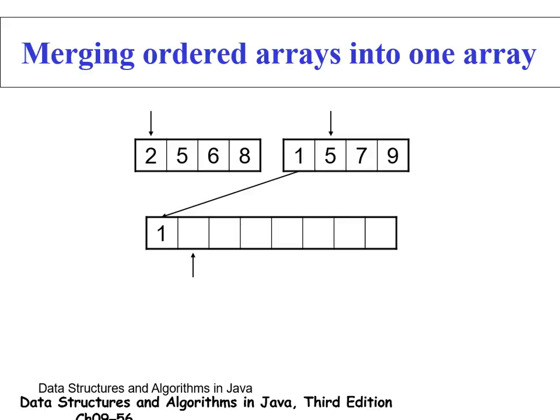If A at point A is less than B at point B, good. What do we do? C at point C equals A at, which one is smaller?